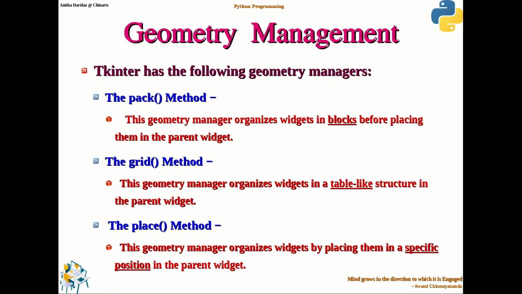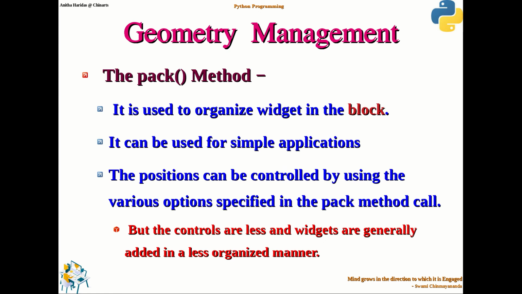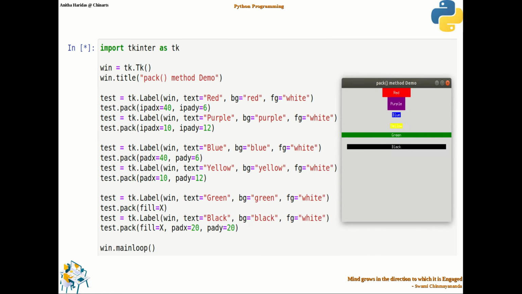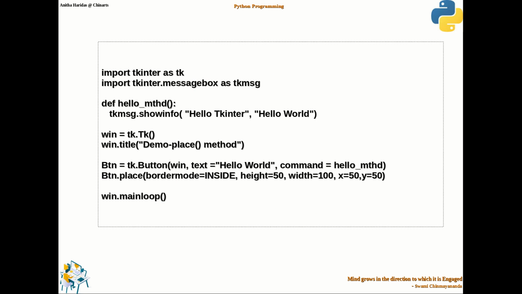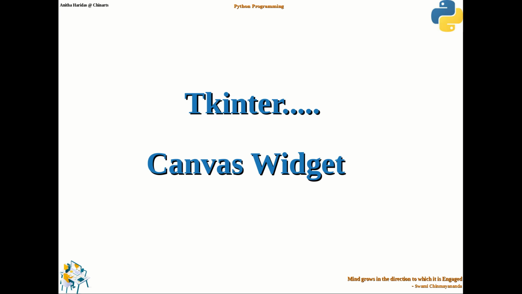Then as part of the layout manager, we had seen the three geometry managers: pack method, grid method and place method. What is the syntax and what are the different options used for these methods were also discussed in our previous session.